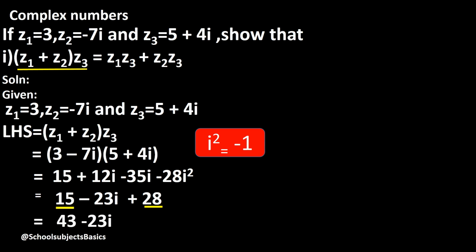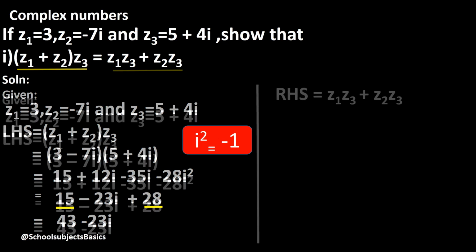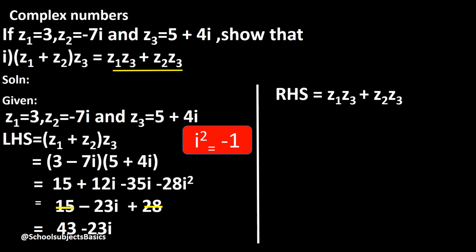So now we have found the value for LHS. Next we have to find the value for RHS and prove that LHS is equal to RHS. The RHS given here is z1 into z3 plus z2 into z3. As before, we substitute the values one by one.